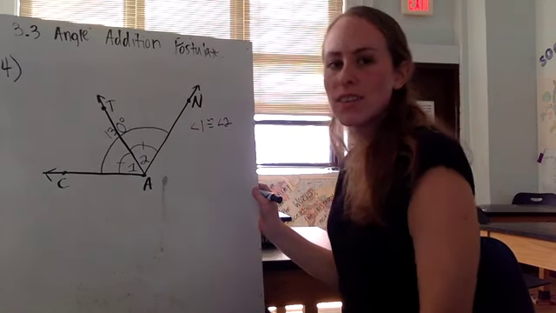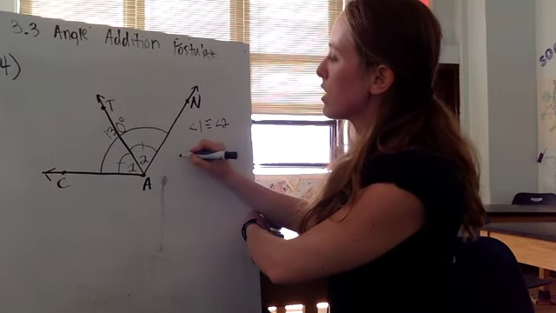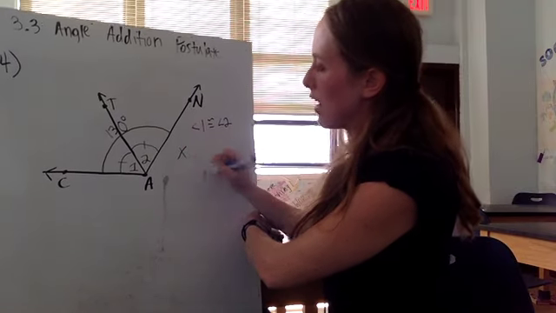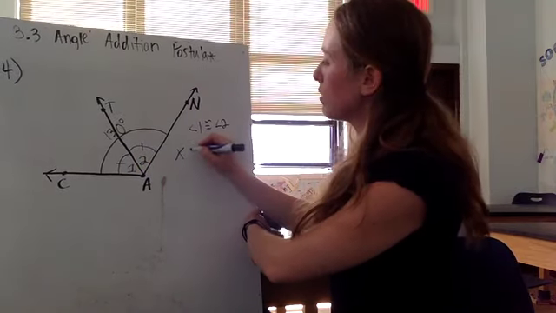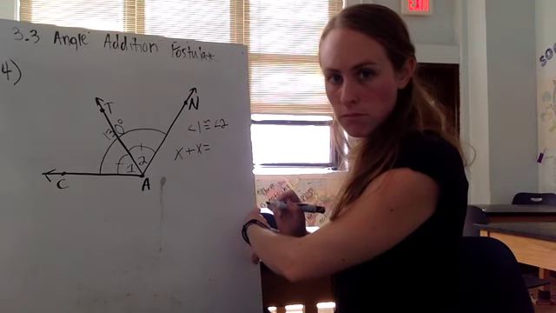If we don't know what angle 1 is, we can call it x. Now if angle 1 is x, angle 2 is the same thing. It's also going to be x.